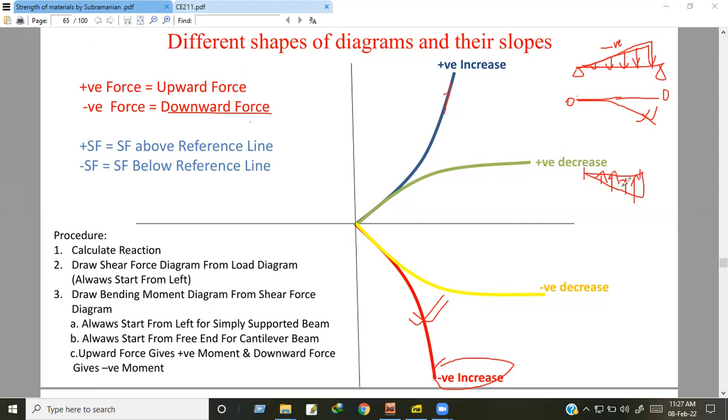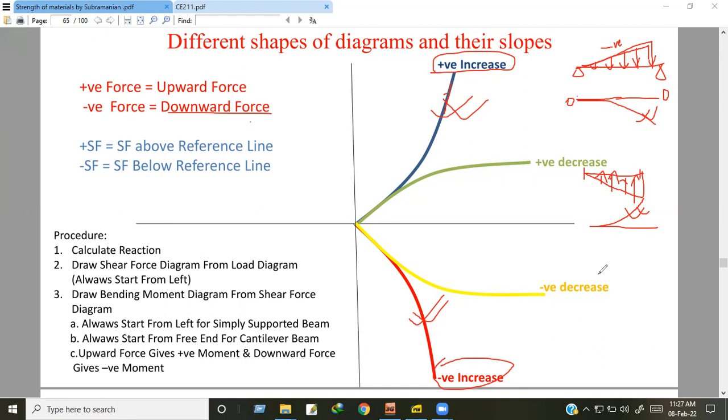Then it is upward force, that is positive, positively increase. So if I take a reference line, then the shear force diagram will be like this. Clear? This shape is this shape.